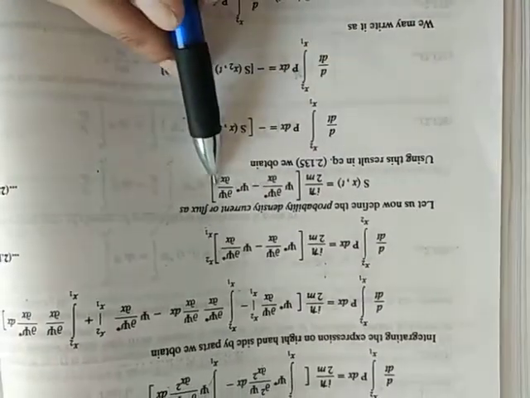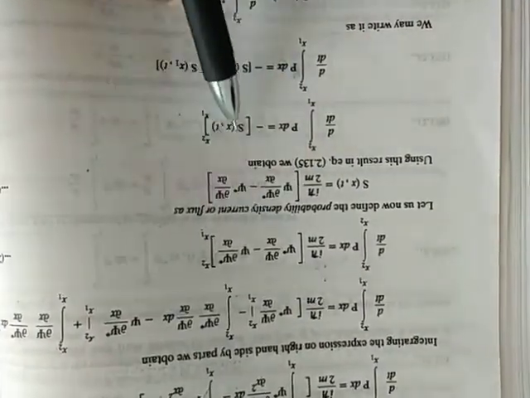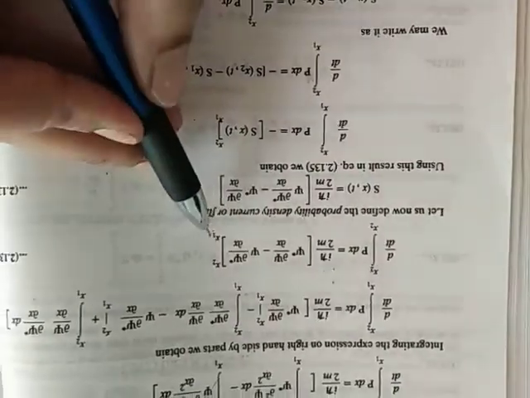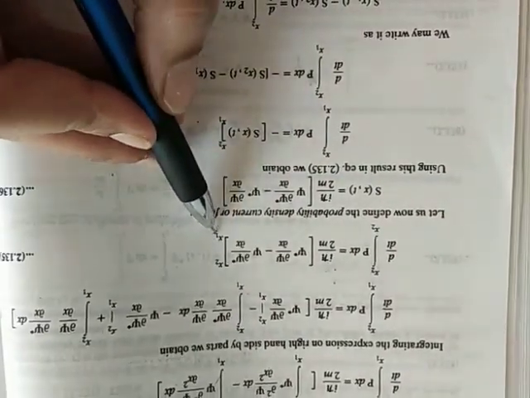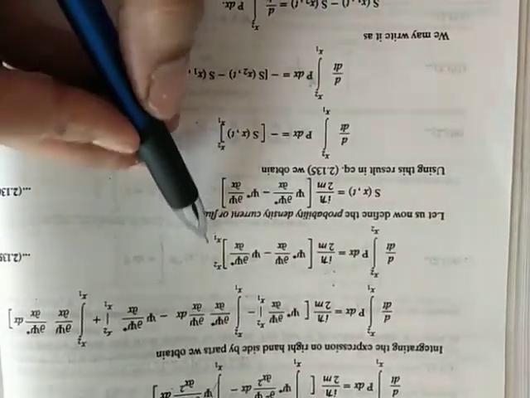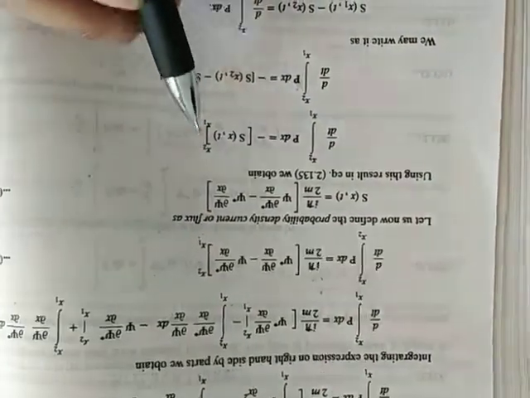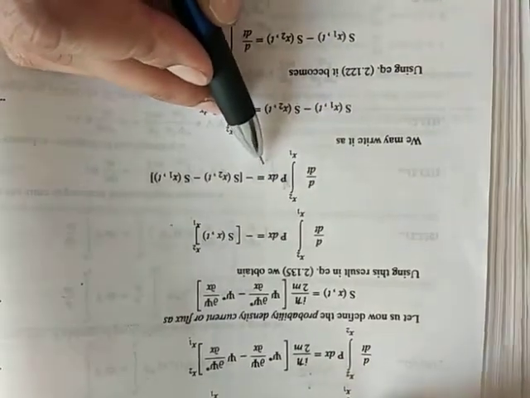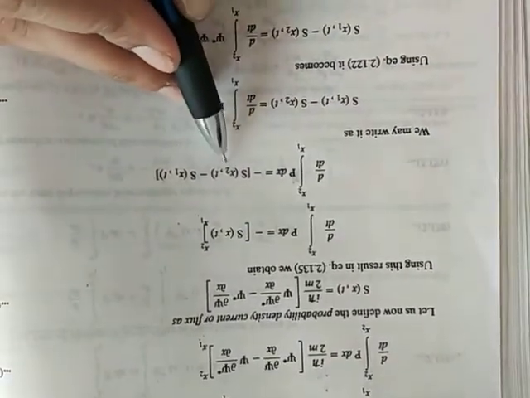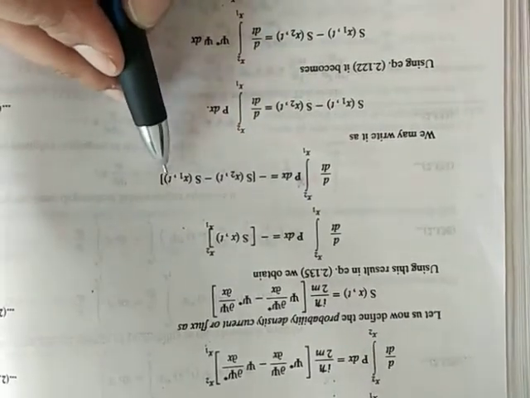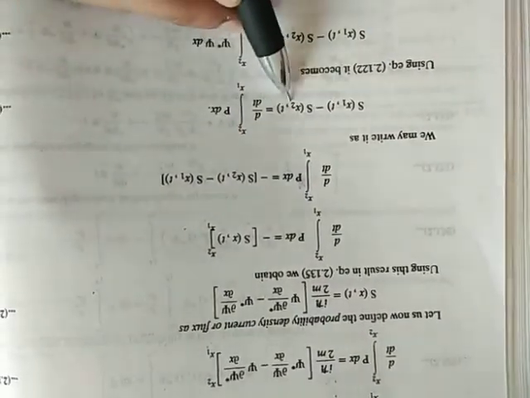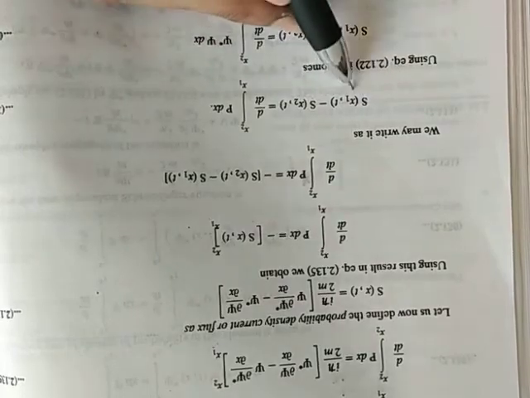If it is S(x,t), then I need to impose the upper and lower limits, x1 and x2. So this would give you d/dt of the integral of P dx is equal to minus S(x2,t) minus S(x1,t), the S values at x1 and x2. So this is what I have.